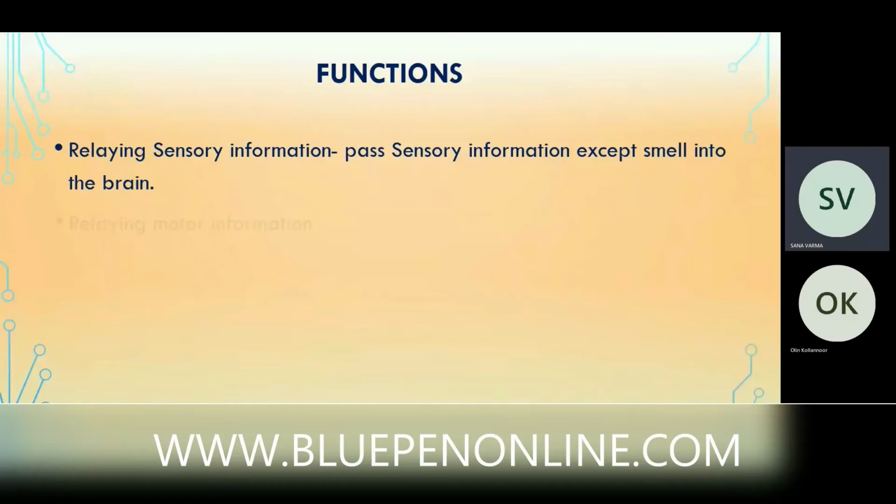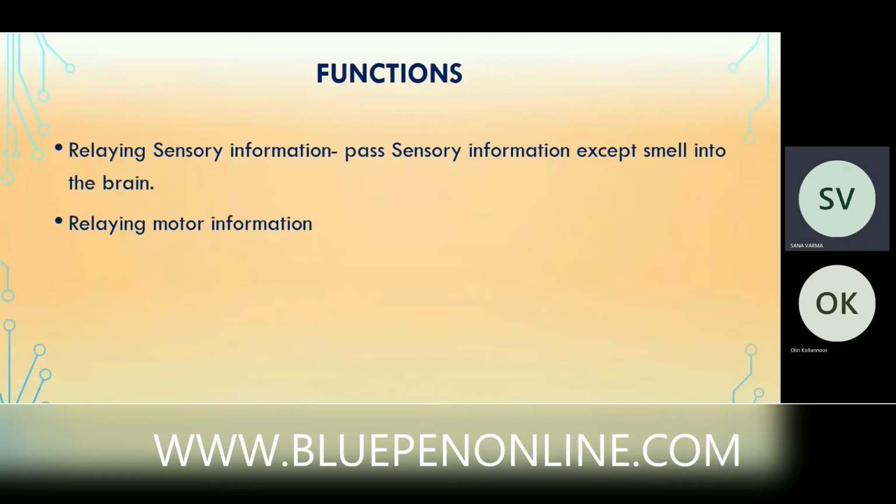Okay. Likewise, motor information, that is, movement related information. We saw that circuit in the basal ganglia, right? In both the voluntary as well as involuntary movements, the skilled movements, etc. All the motor information, after coming from the primary cortex or from the premotor or supplementary area of the cerebral cortex, will pass to the basal ganglia.